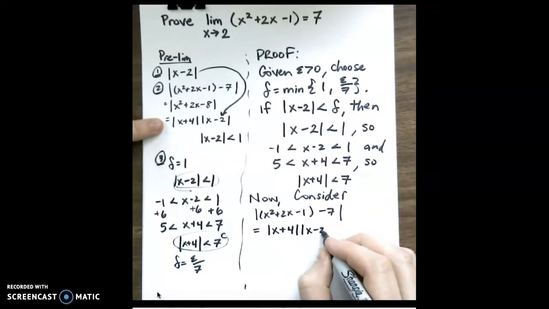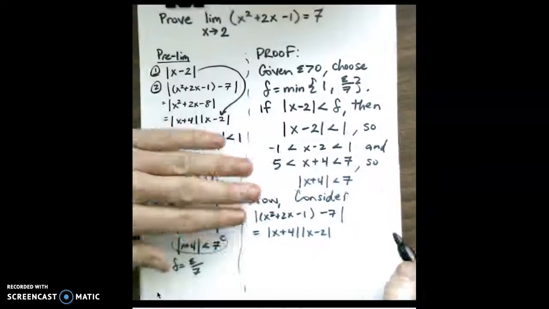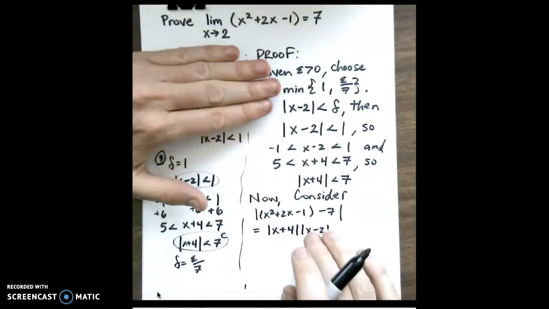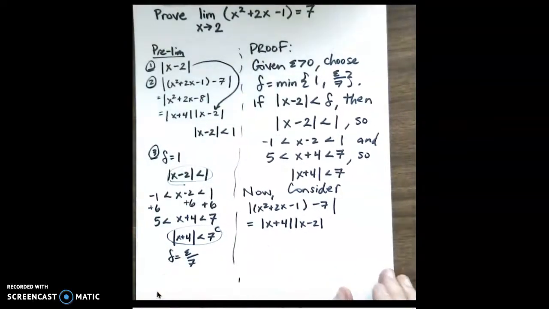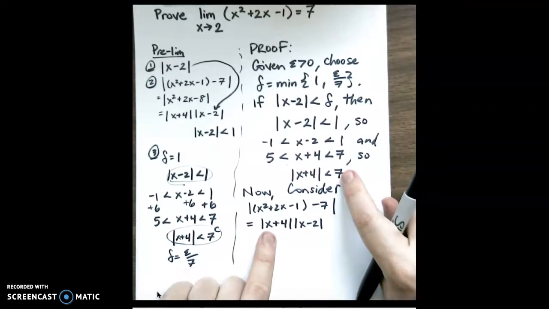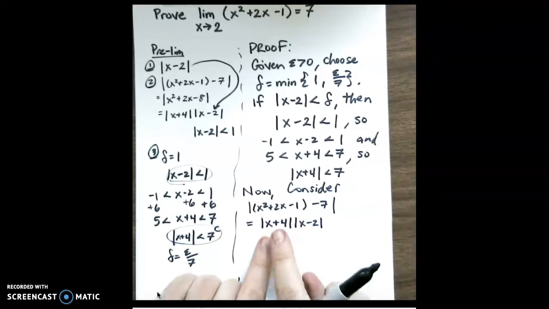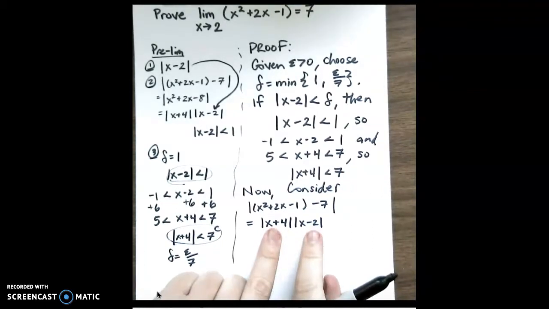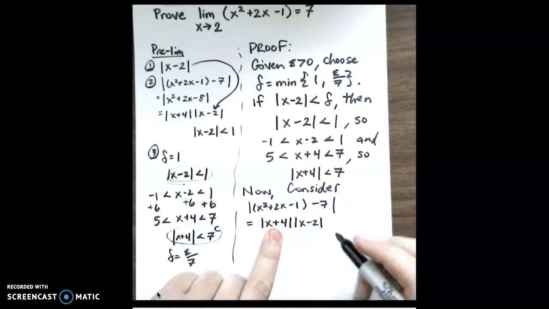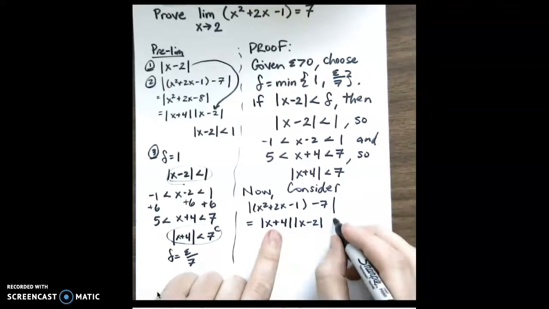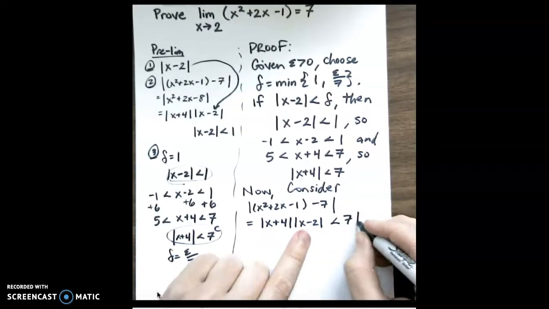And now we want to use some logic. So we want to go back to what we've stated and make a statement here. So let's start with what we just said. x plus 4 is less than 7. So if I have x plus 4 times x minus 2, and x plus 4 is less than 7, then this is less than 7 times x minus 2.